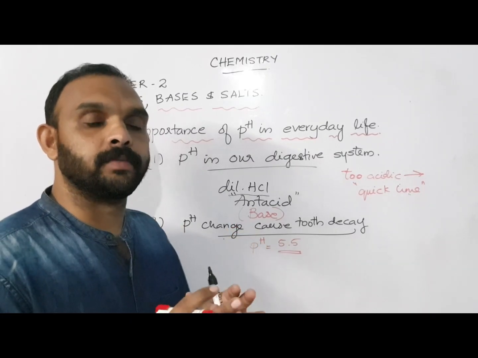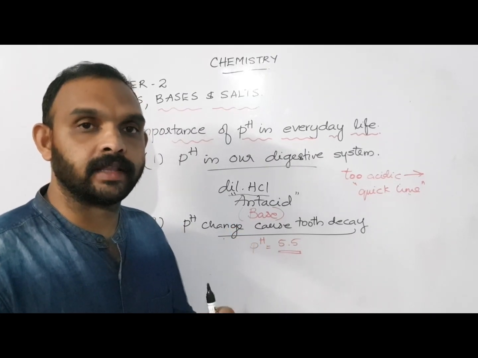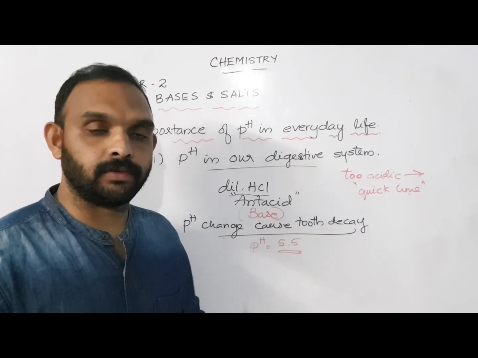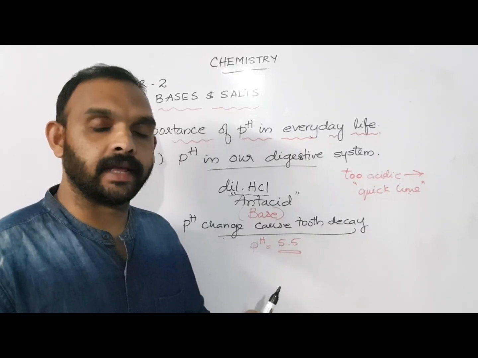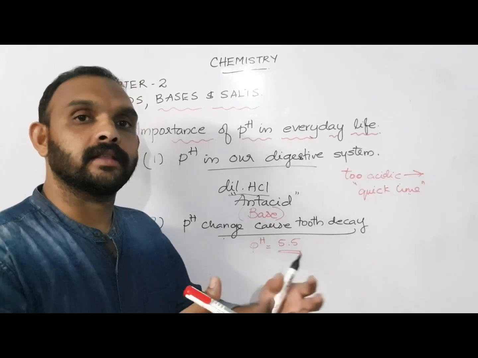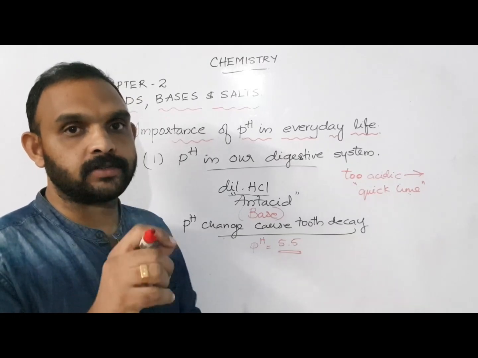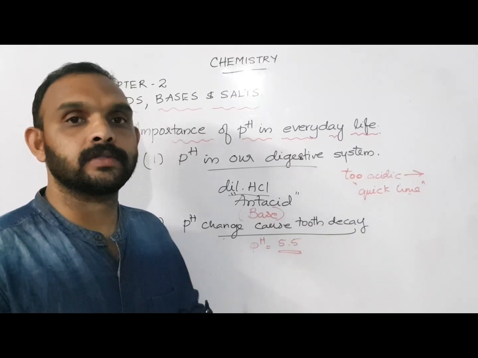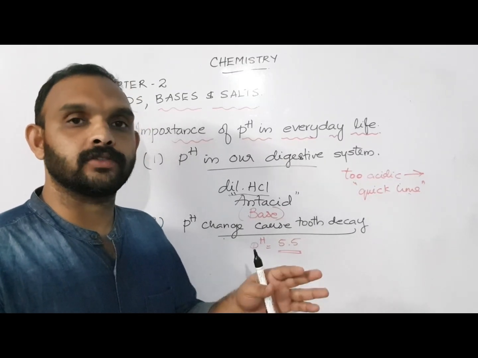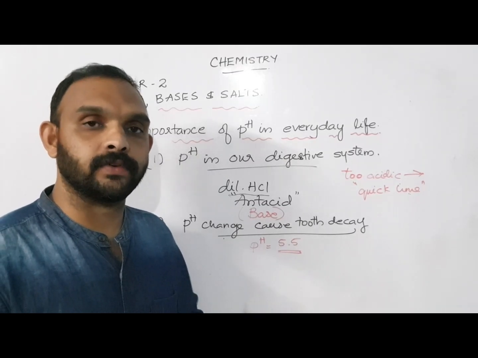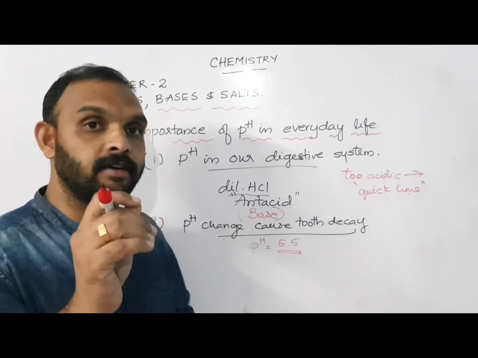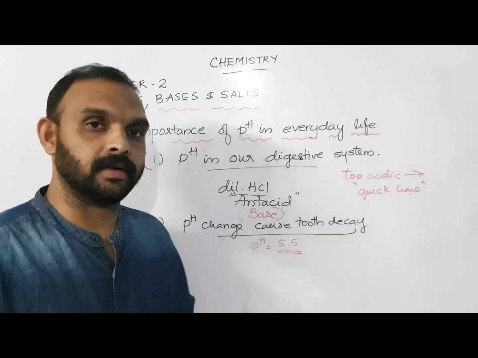Suppose the field is too basic, what will they do? They will spread some organic manure like compost, decaying plants, in their field, and the presence of them will reduce the basicity, and the soil will be perfectly right for cultivation of plants. Clear? So that is the fourth point which we have to remember.